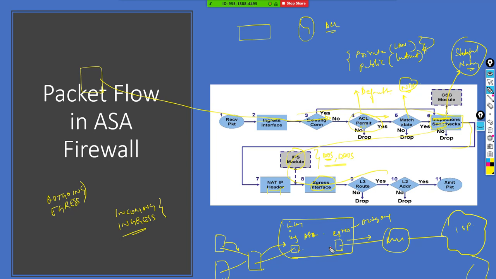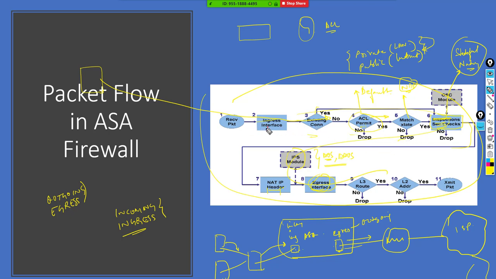And within this ingress and egress, what happened? First, check if the connection is already present. If the connection is already present, send it to the inspection engine, then look for egress, that is the outgoing direction, and just move on. There is no need for any other checks.